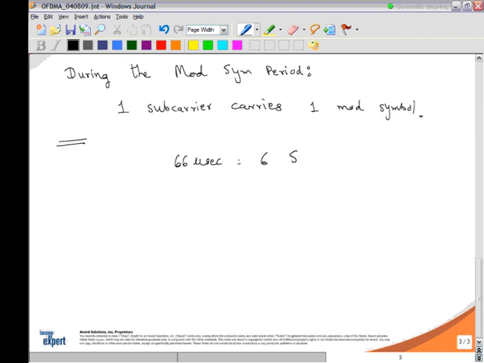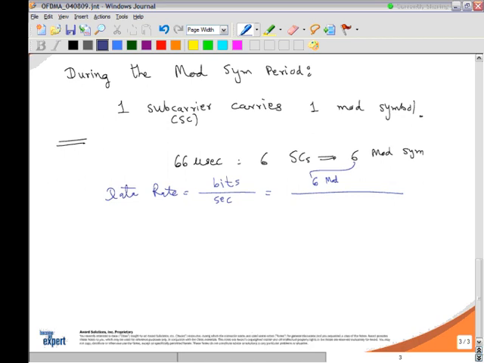And we have 6 subcarriers, and 6 subcarriers means 6 modulation symbols. Let's calculate the data rate in bits per second. As simple as that. We are sending out 6 modulation symbols. Now, let's use 64 QAM because that is the highest order supported in LTE.